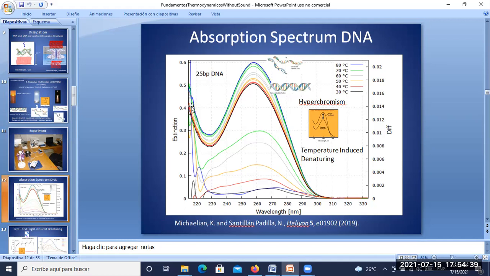But for example, the black spectrum doesn't have the increment at lower wavelength. Doesn't have what? Increment. Here, where I'm showing the pointer? No, at lower wavelengths. Even lower, here.